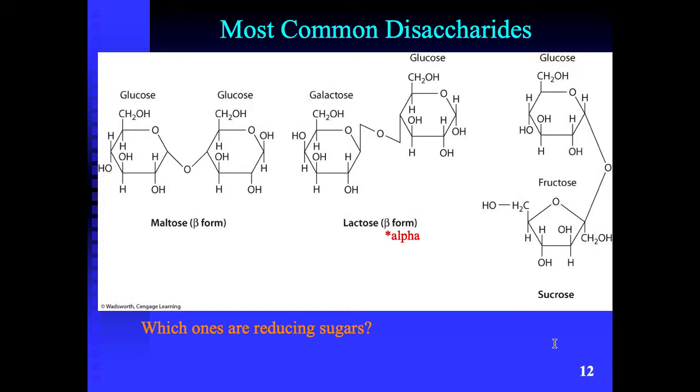Okay, so we've got that alpha 1 to 4. And now why does it say beta form? This is referring to the orientation of the hydroxyl group on the open anomeric carbon, which is this one.